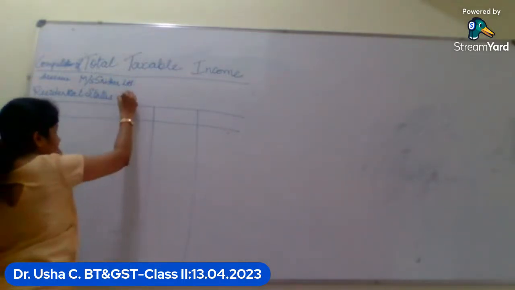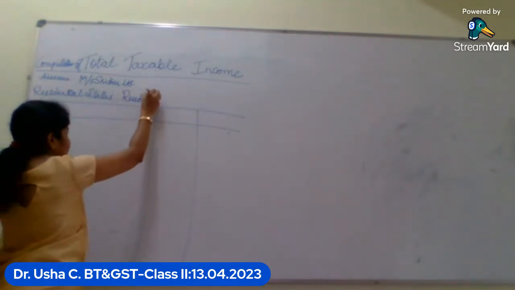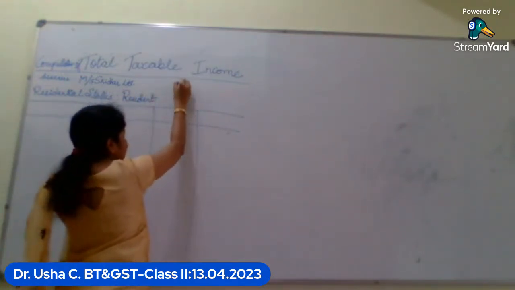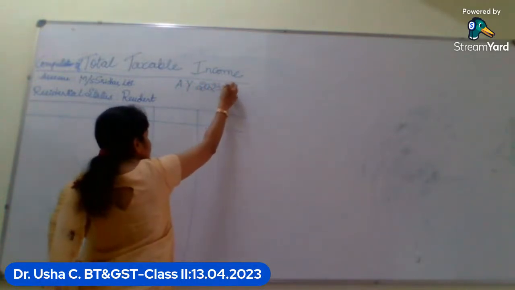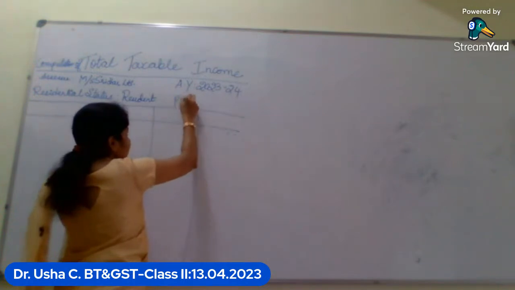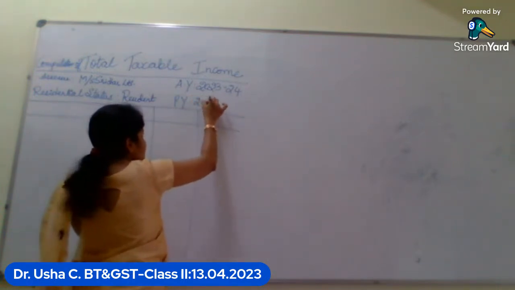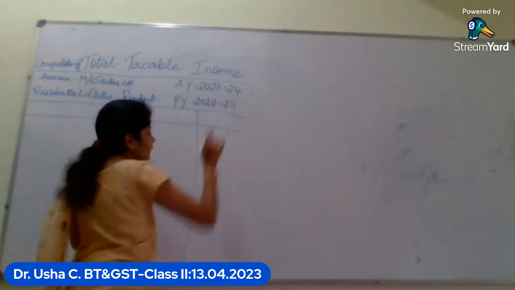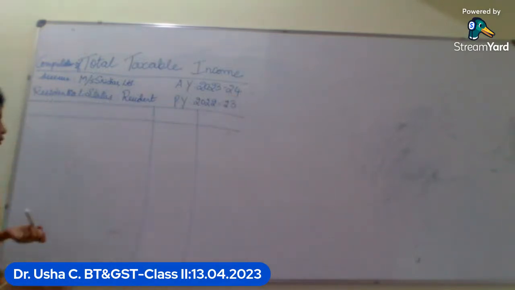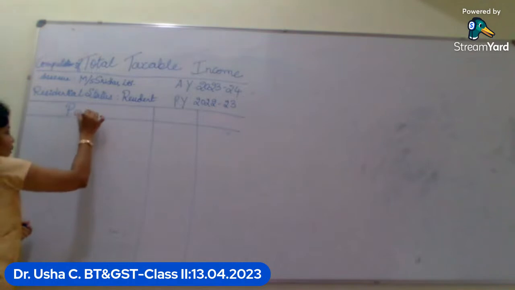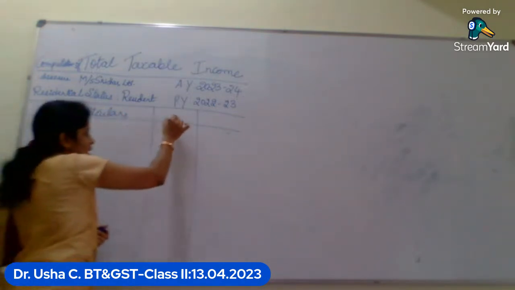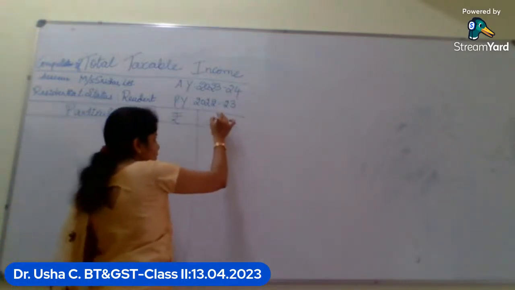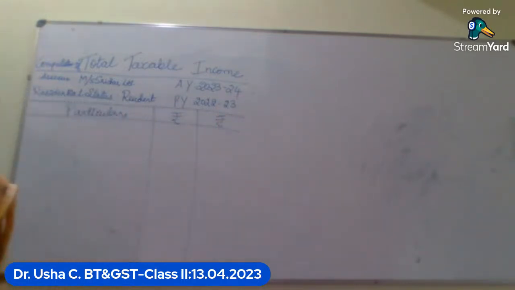Residential status is resident. On the right side, assessment year is 2023-24 and previous year is 2022-23. Then particulars and amount in rupees. This is the format you compulsorily have to write for all.